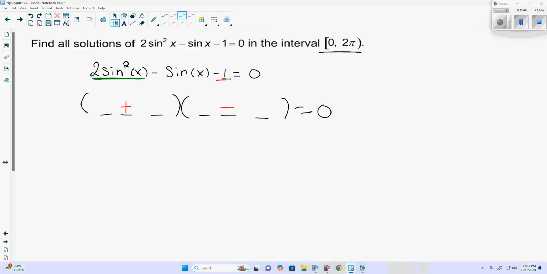Our next step in factoring is to find the factors of the first and third term. Well, 2 sine squared of x, the only way we can get sine squared is sine times sine. So the first set of parentheses will have sine of x, and the second set will have sine of x in the first. It's kind of the same as our x squared. So realistically, I'll write this to the side.